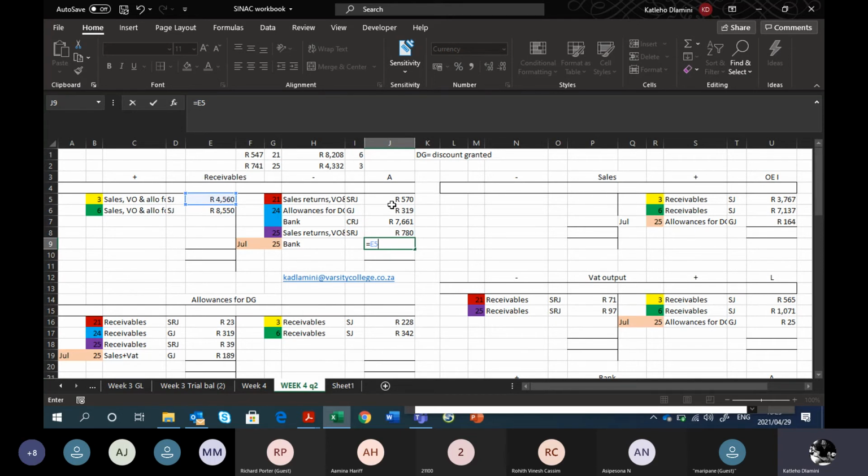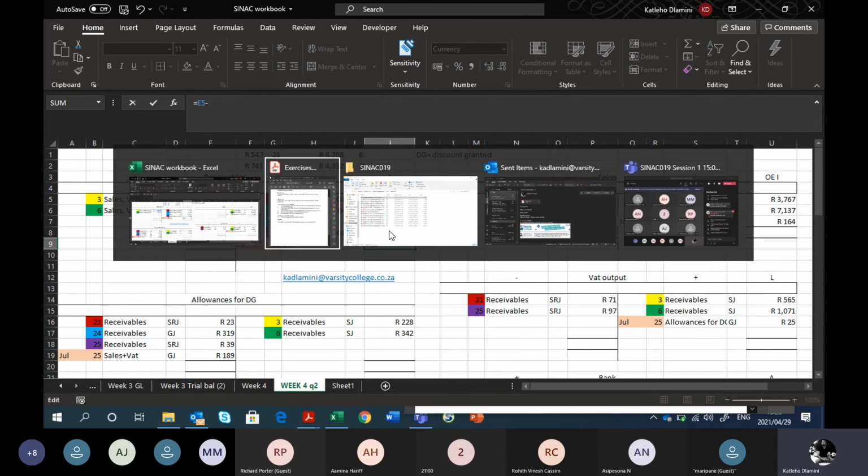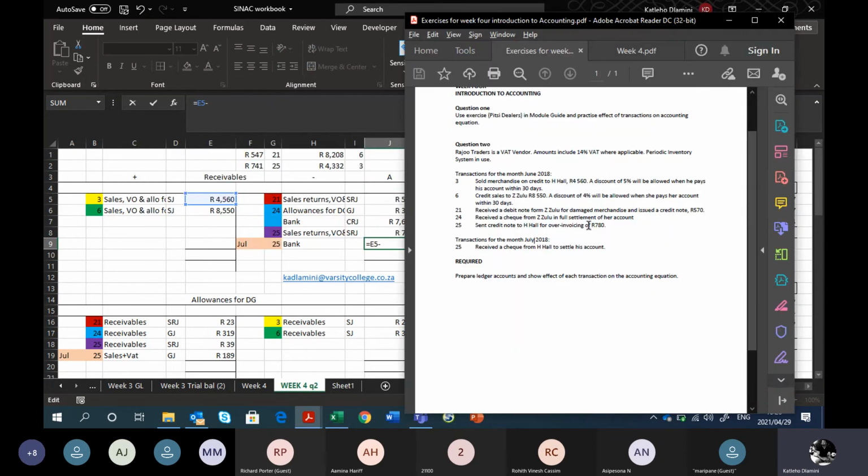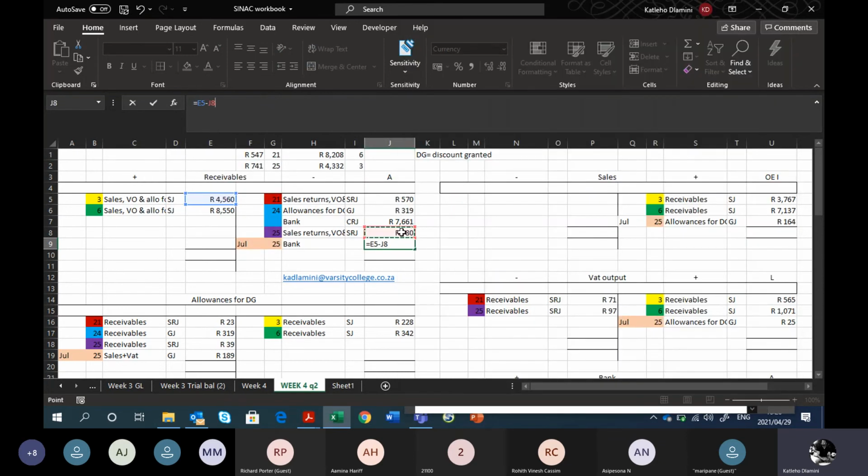It's being kept the same as it always was, right? So the only thing is we did overcharge this man by 780. Why? We did overcharge this man by 780. Let me just make sure it was the same man. Yes, we overcharged him by 780, so we have to subtract that 780.